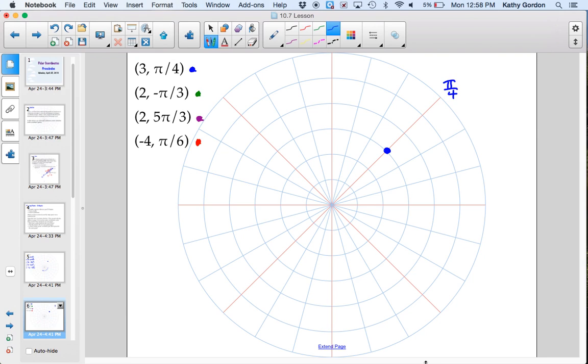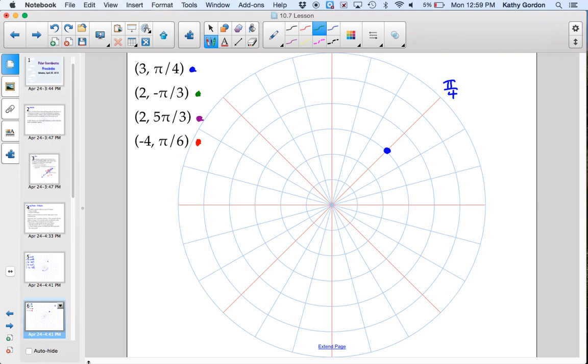Okay. How about the next one? If I start here at polar, do I go clockwise or counterclockwise? Clockwise. How many lines? 4. 1, 2, 3, 4.